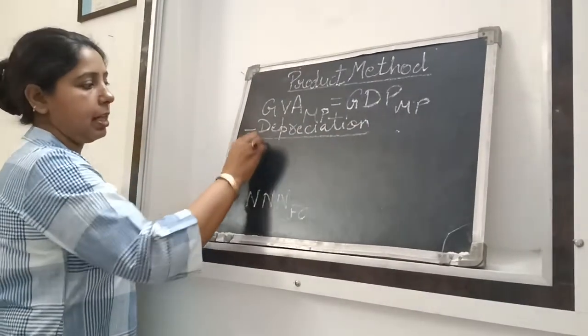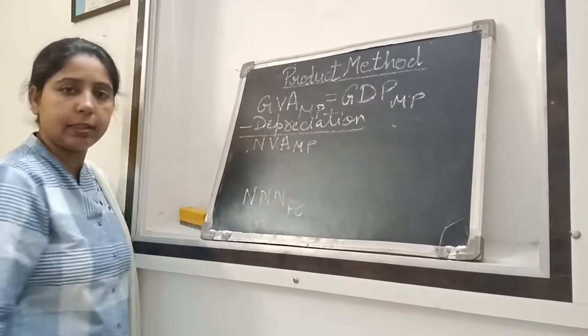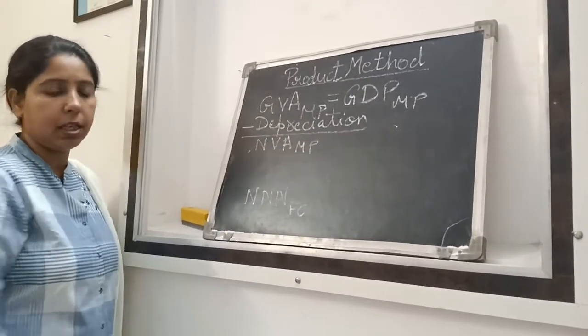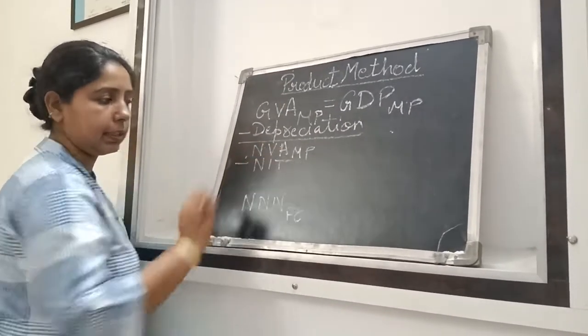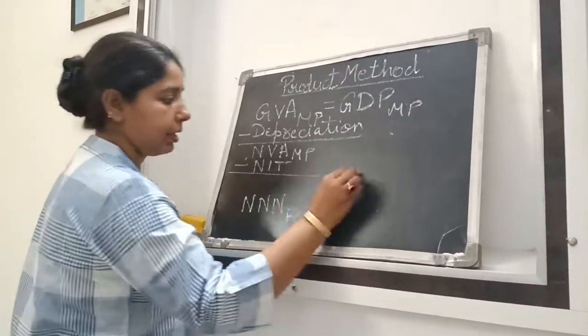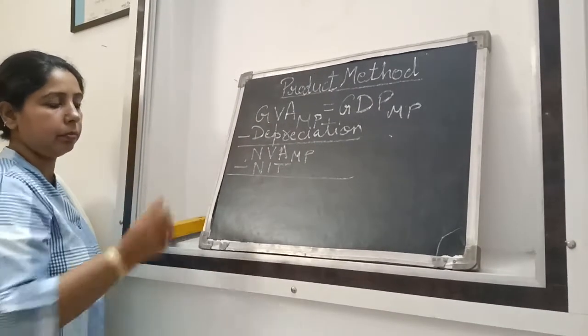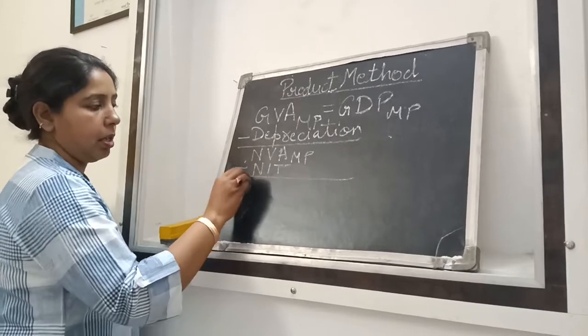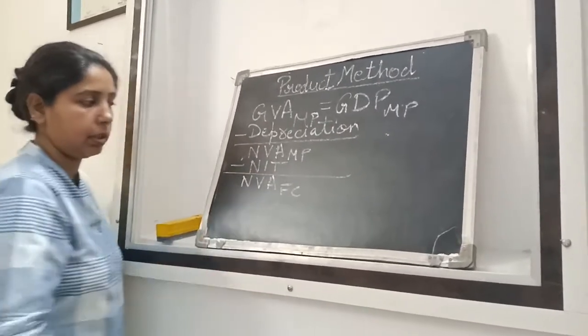I will get net value added at market price, right? I will minus net indirect tax. What will I get again? I will get net value added at factor cost.